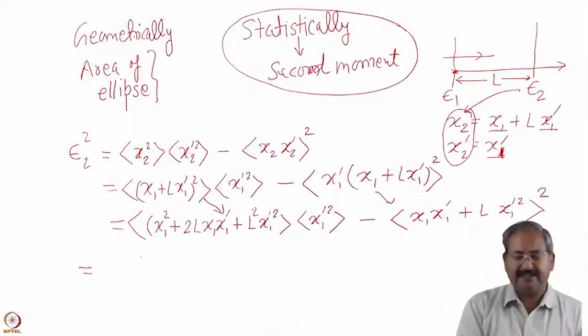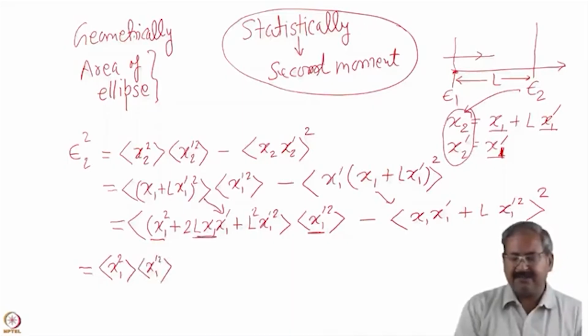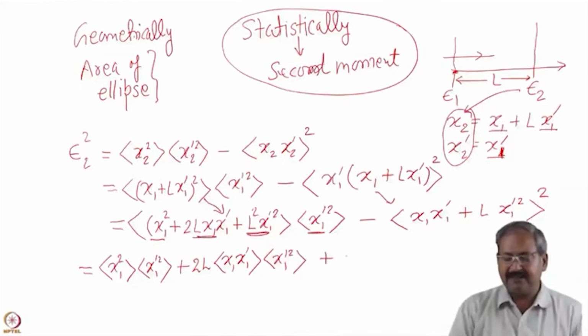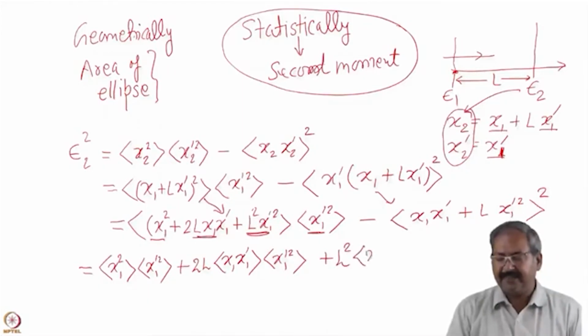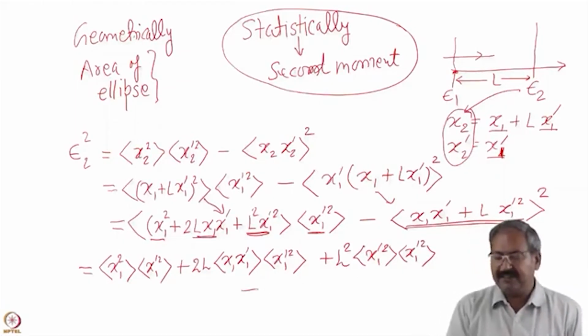Again we will see that this multiplied by this gives x1 square x1 prime square. Now this multiplied by this will give you plus twice L x1 x1 prime cubed. And now multiply this with this, you will get L square x1 prime square x1 prime square.